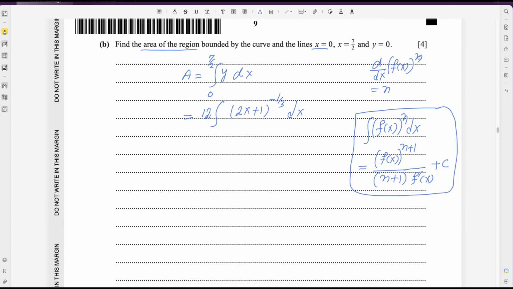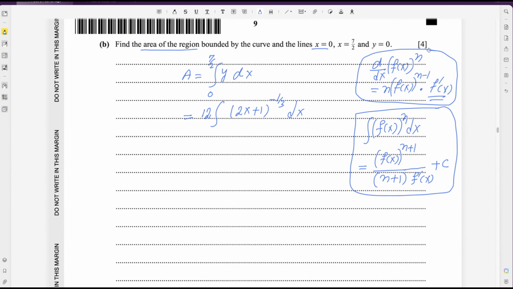This power becomes a multiple, and we decrease the power by 1. We take 1 away from the power, and we multiply by the derivative of the value under the power. So here we multiply by the derivative. In case of integration, we divide by the derivative. It is the difference between differentiation and integration. Hopefully these two tricks will help you in many questions.